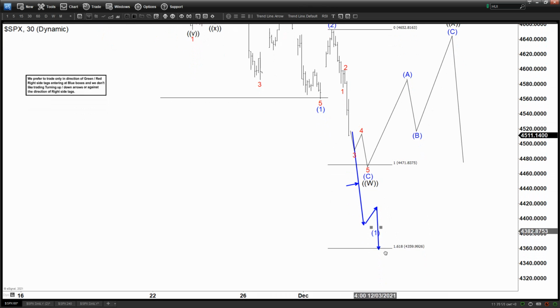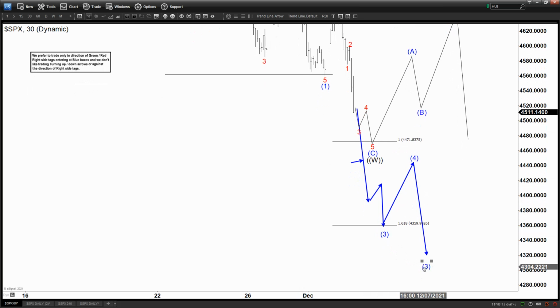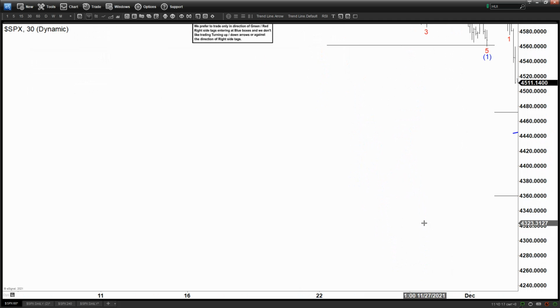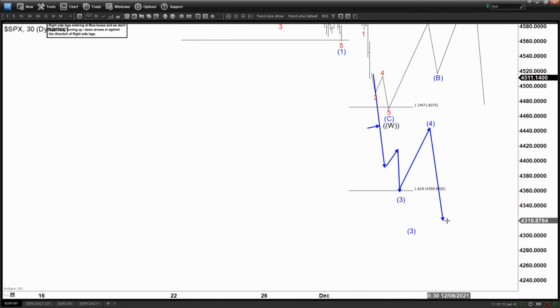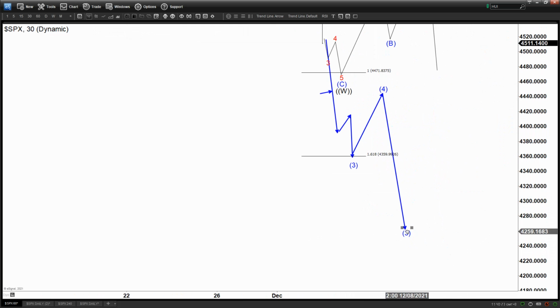And that should be a 3, and then you get a bounce of 4, and then another leg lower of 5. And that 5 waves down could be only ending your A in black.